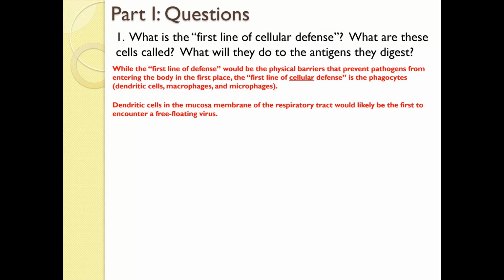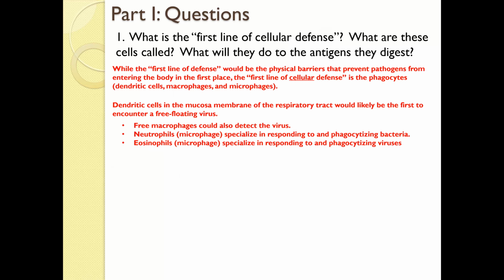So dendritic cells in the mucosa membrane of the respiratory tract would likely be the first to encounter a free-floating virus. Free macrophages could also detect a virus. Neutrophils, which are a type of microphage, specialize in responding to and phagocytizing bacteria, and eosinophils, which is another type of microphage, specialize in responding to and phagocytizing viruses in addition to parasites, as we talked about in Chapter 19.